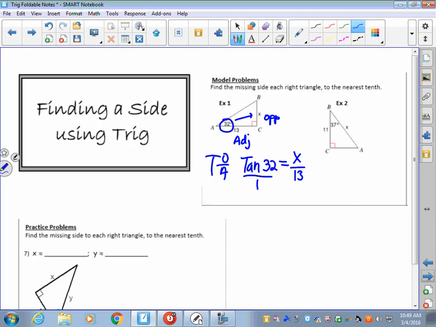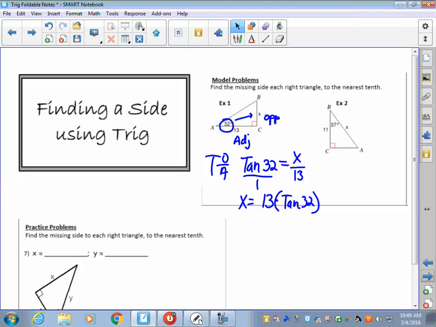We have a proportion here. We would cross multiply. So x equals 13 times the tangent of 32. Put your tangent together. The reason why you write it like this is because you're not multiplying the 13 times the 32.